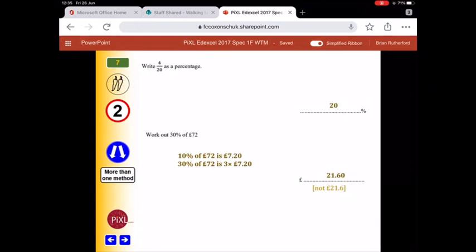Now you'll notice when it's a money question, it's £21.60, not 21.6, which they've indicated there. Okay, and they give you a little warning saying currency units, because we write our decimals slightly differently when we're talking about money than when we're talking about numbers.